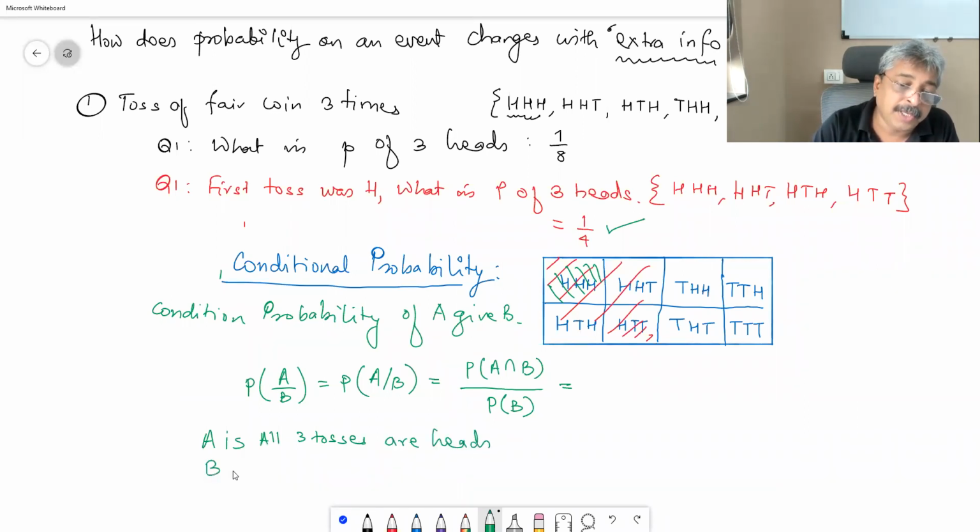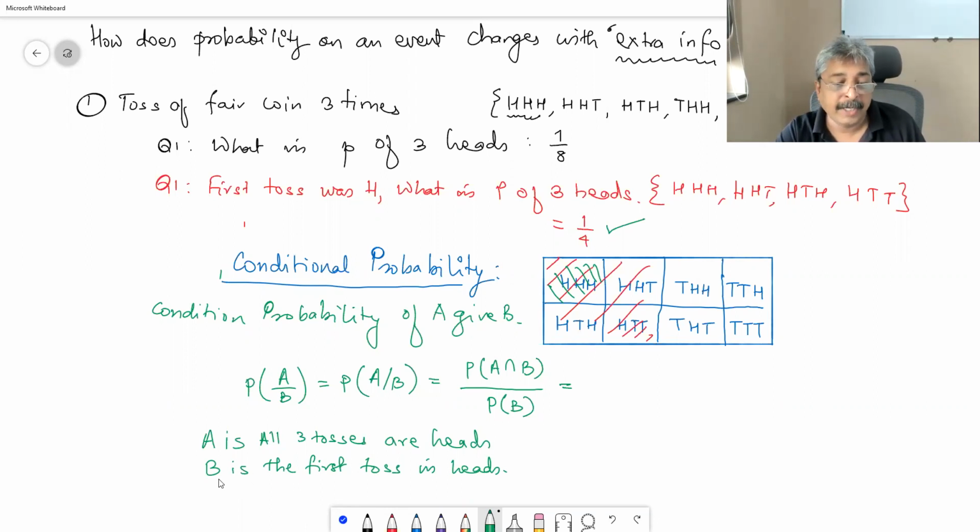And event B is the first toss is heads. Okay. So what is the probability of event B?